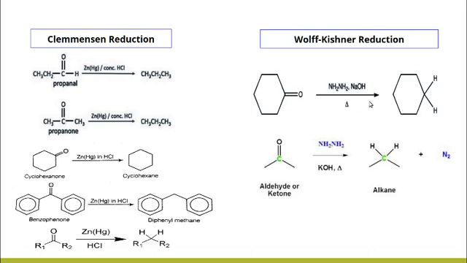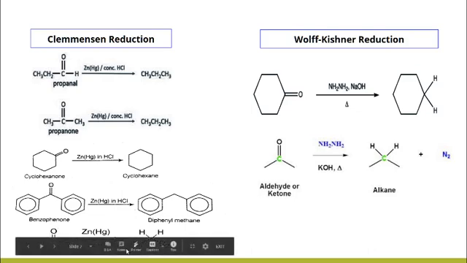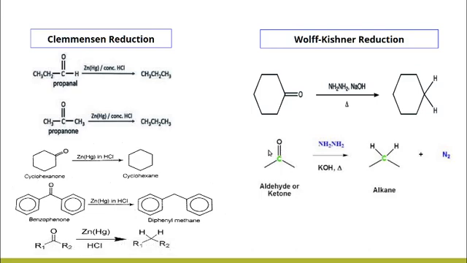So the only difference is in the reagents. Here we have zinc amalgam and HCl, and here we have hydrazine and NaOH. Reactants and products both are the same in this case. So the carbonyl functional group will get reduced to CH2.